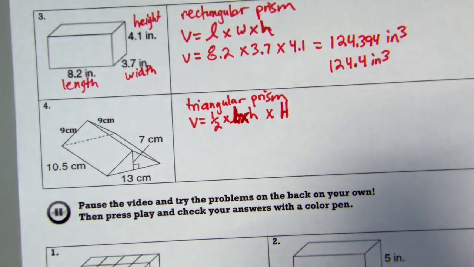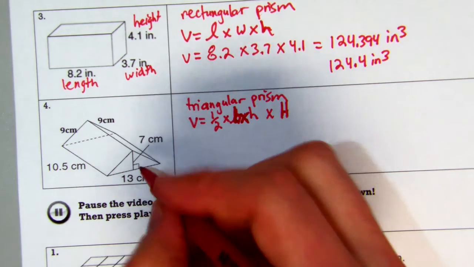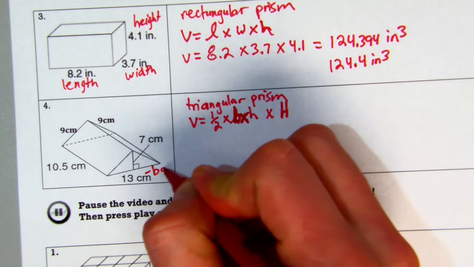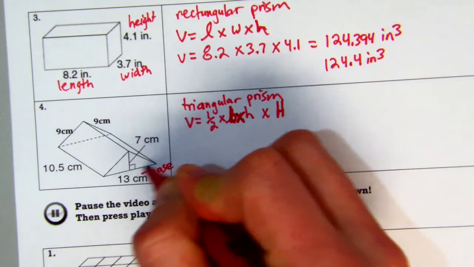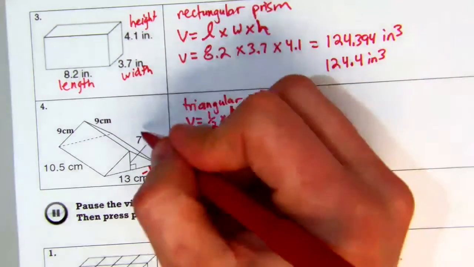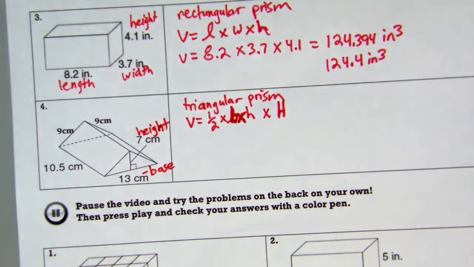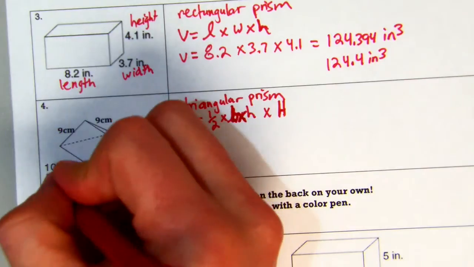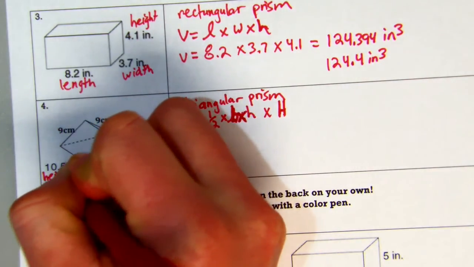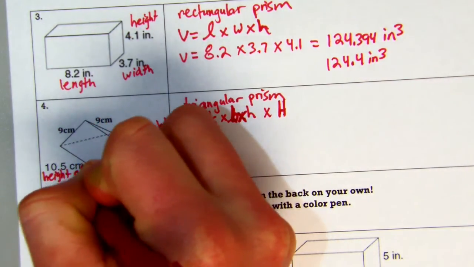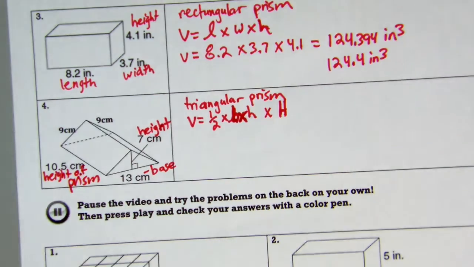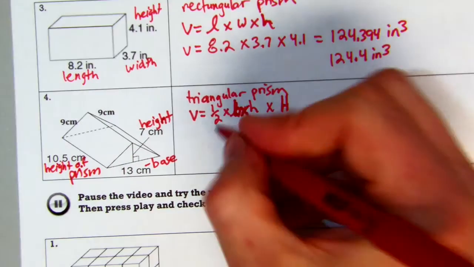And if I look at my triangular prism over here, this 13 right here is my base, the base of the triangle. My 7 is going to be the height of my triangle. And then my 10.5 here is going to be the height of the prism. So I'm going to go ahead and plug it in here.